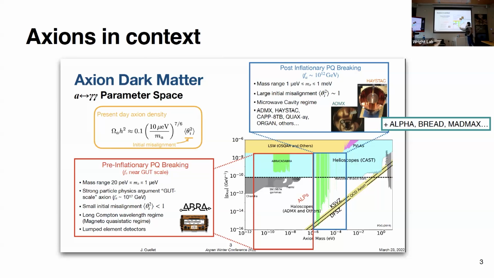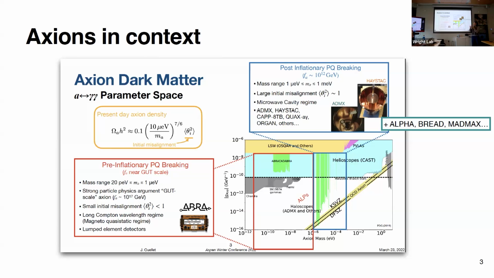There's a set of experiments that happens in this micro-eV scale, and what we're going after is in this area, where the mechanism for the axion being created is what we call post-inflationary Peccei-Quinn symmetry breaking.